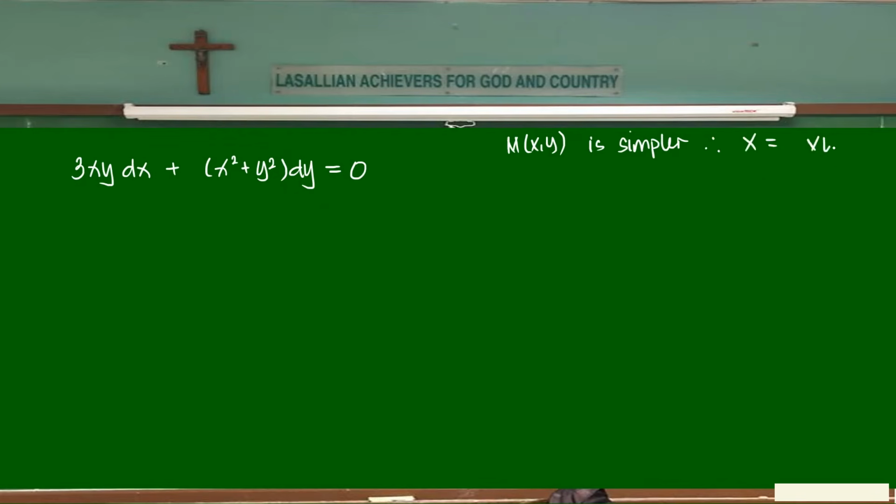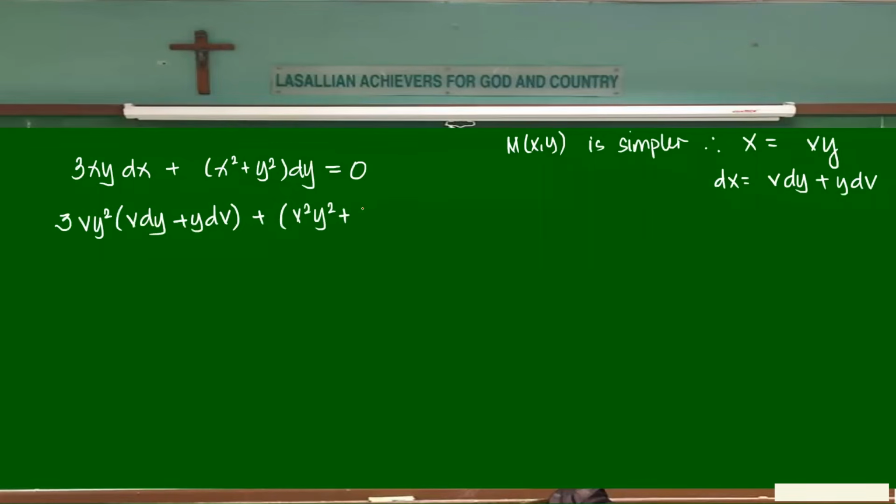x equals vy is your substitution. Tama? So dx is v dy plus y dv. Right? Okay. 3 v y squared, v dy plus y dv, plus v squared y squared plus y squared dy is 0.